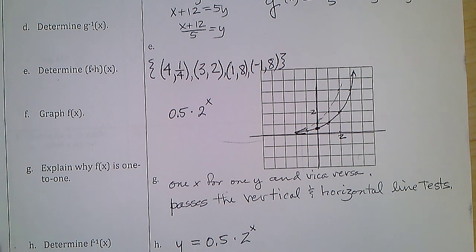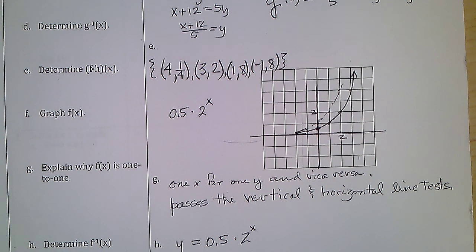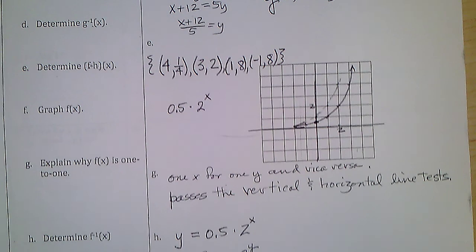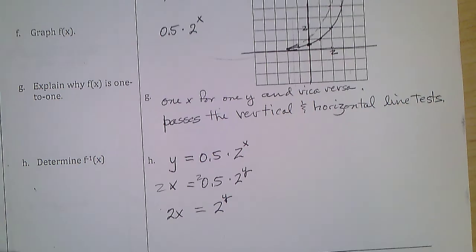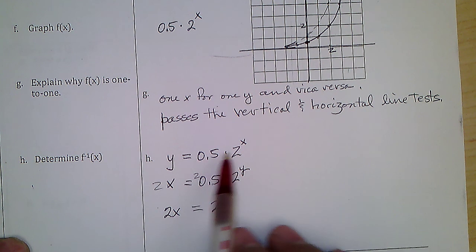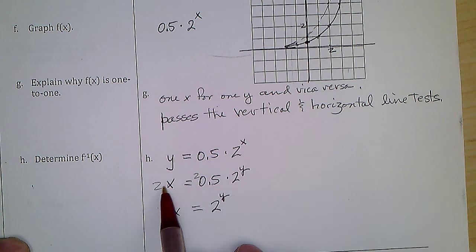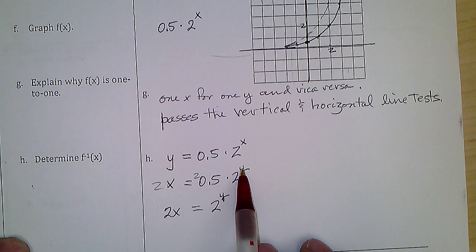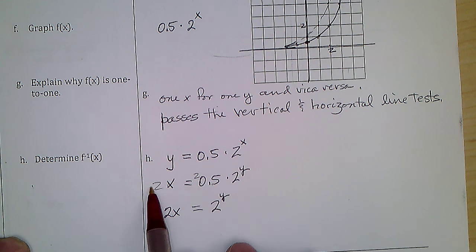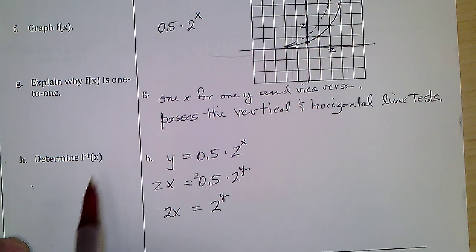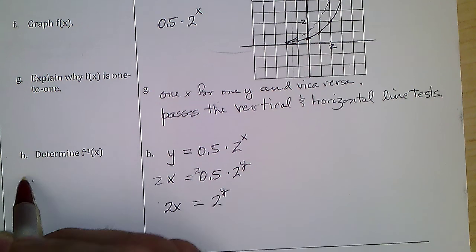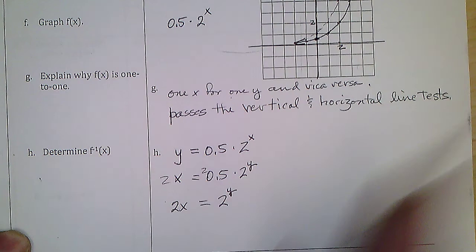To get the power down, we'll rewrite this as a log. Switch the x and y. To get rid of a half, I multiply by 2. And then I'm going to use the rule that changes logs to powers.